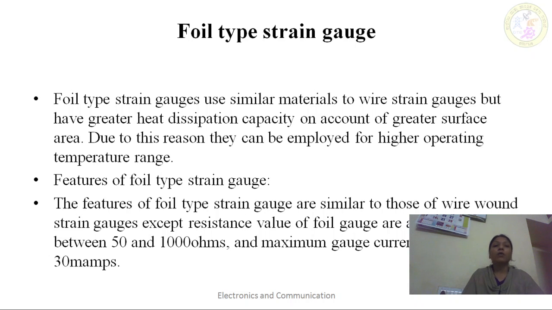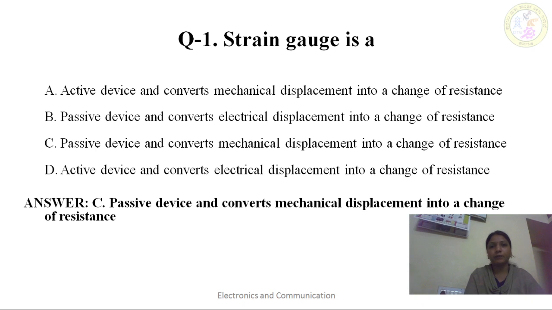Features of foil type strain gauges: the features are similar to those of a wire wound strain gauge, except resistance values of a foil gauge are available between 50 and 1000 ohms and maximum gauge current is about 30 milliamperes. So these are some features of the foil type strain gauge.